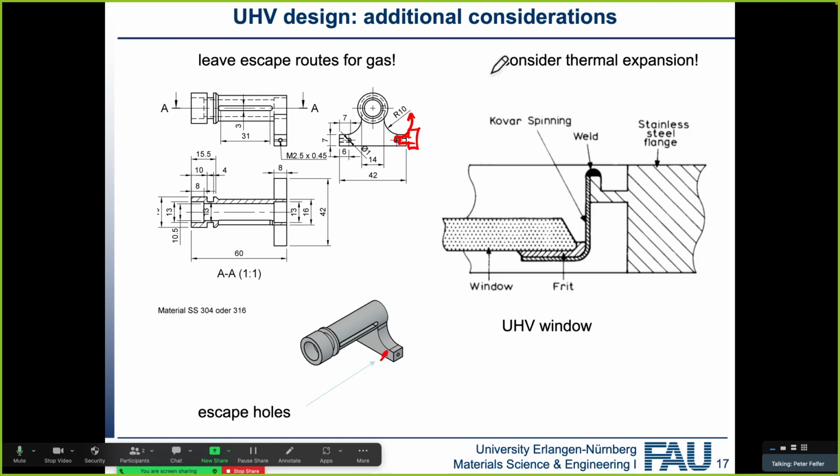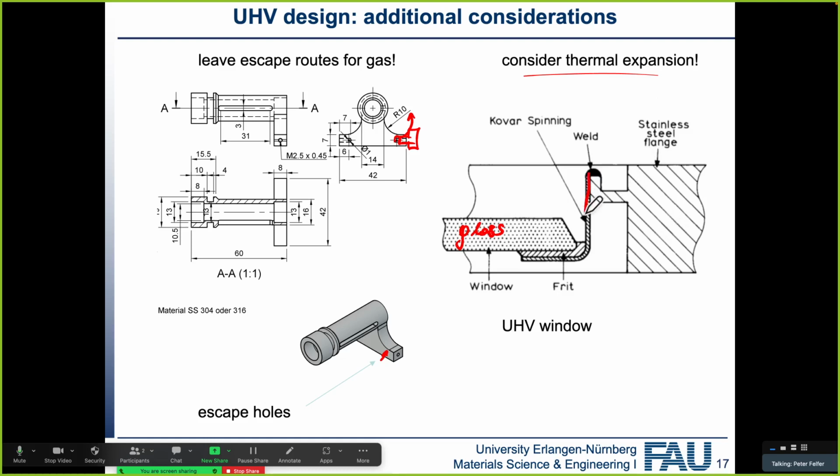The other thing is something I already talked about, which is thermal expansion. Very important if you, for example, have a window which is some kind of glass, or now that we're building deep UV laser systems, it needs to be sapphire or maybe diamond. And this will have a different coefficient of thermal expansion than the flange itself, and you need to somehow combine them.